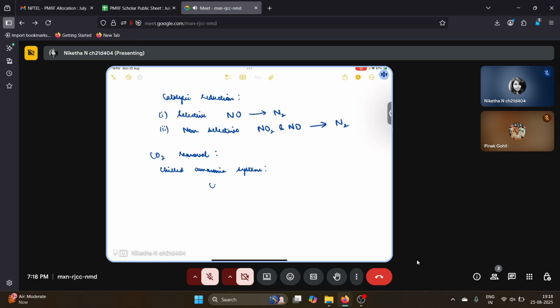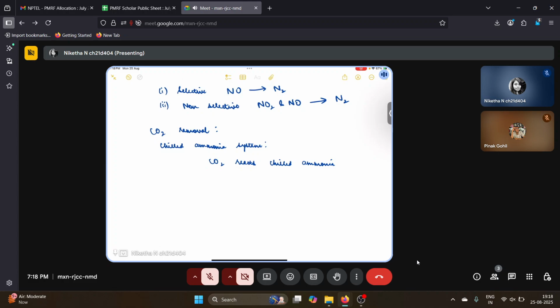So what happens here is CO2 reacts with chilled ammonia and this will form ammonium carbonate or bicarbonate.